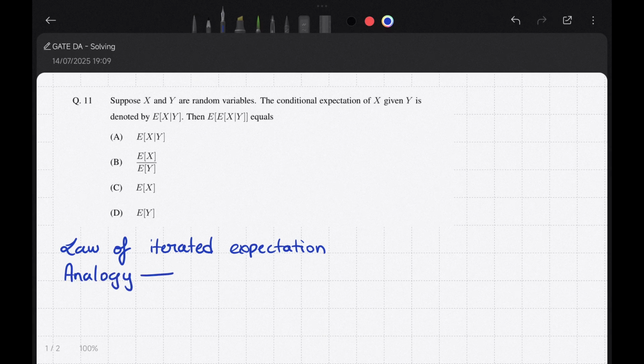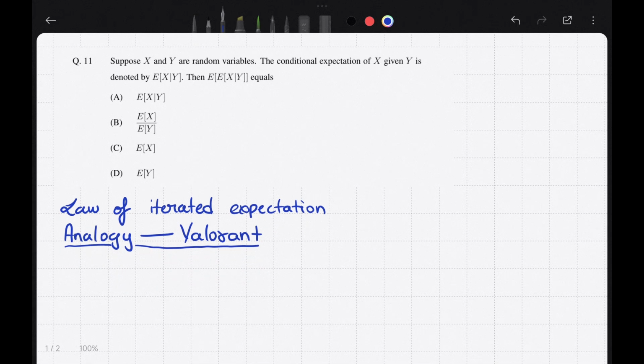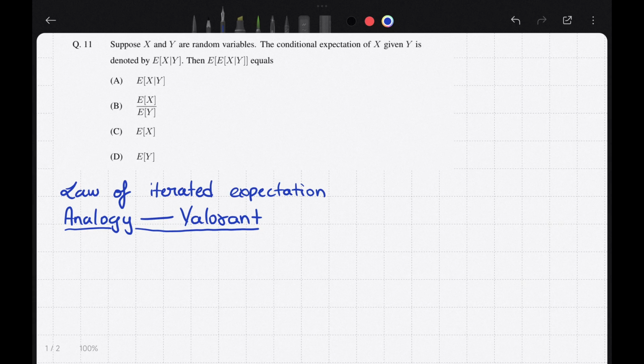and that too one based on Valorant, because this video game was quite popular and still is. I personally haven't played it that much, but I hope it helps to understand.